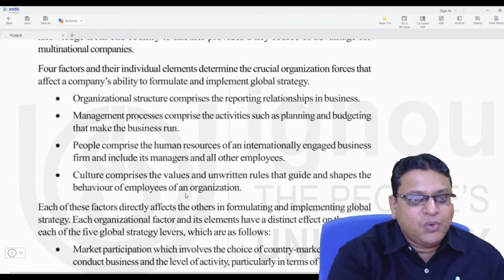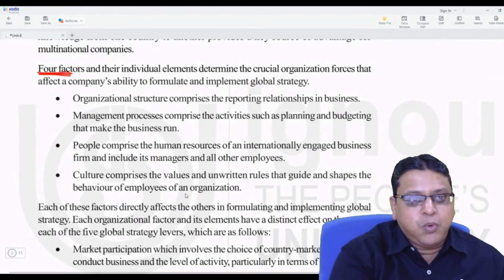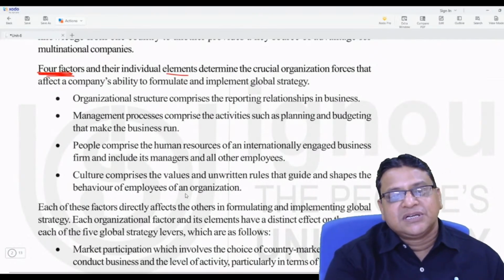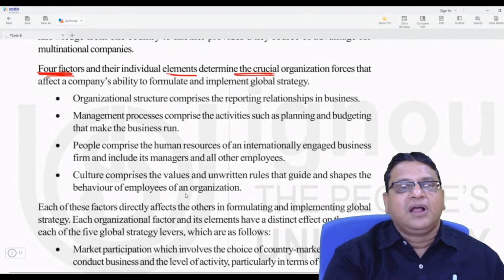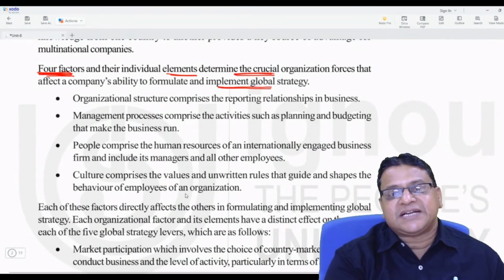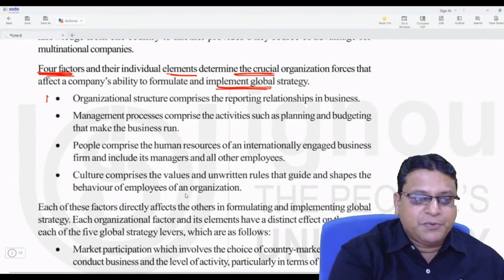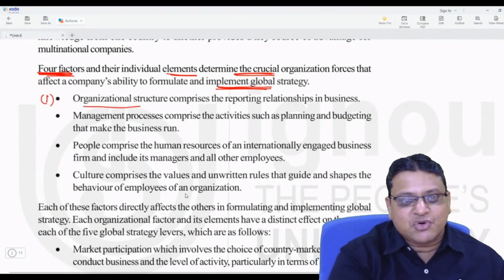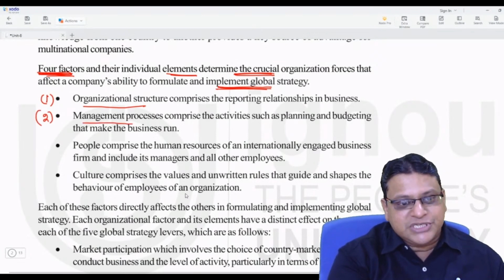So what are these four important elements? There are four important factors which are crucial for implementing a global strategy. What are the four important factors? The most important factor is organizational structure. The second important factor is the management process.